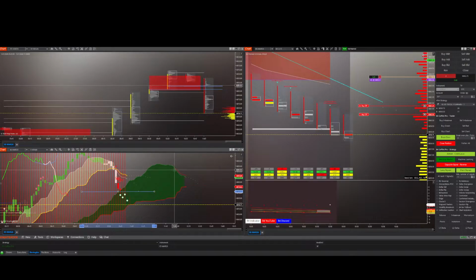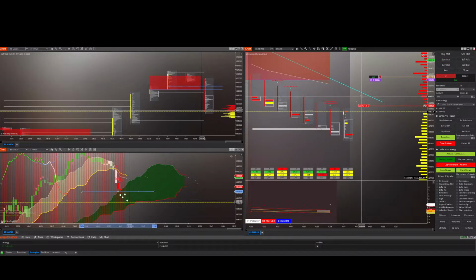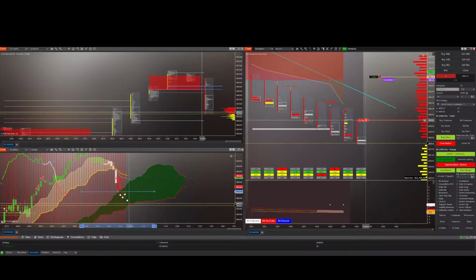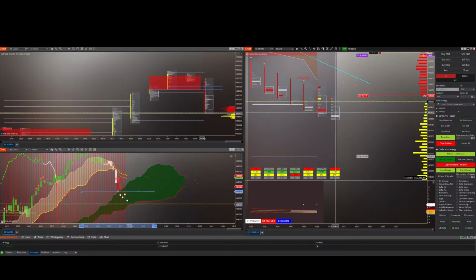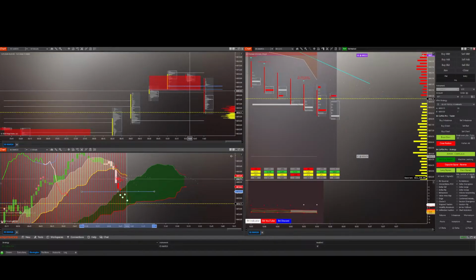It's something that I discovered in Ichimoku. Stop filled. But we will be adding that to the tool.